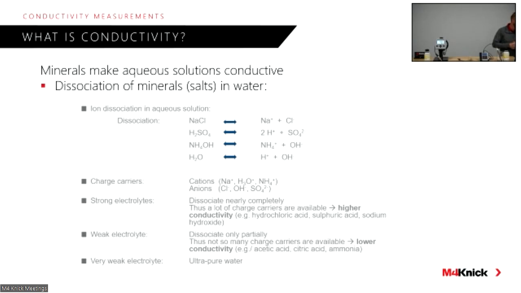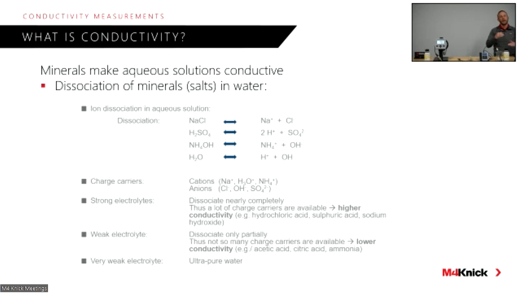Known weak electrolytes, probably the most common, are certain acids, certain solutions such as ammonia, and very specifically ultrapure water. Ultrapure water is a very, very weak electrolyte, and most folks should be familiar with ultrapure water not carrying a high conductivity.